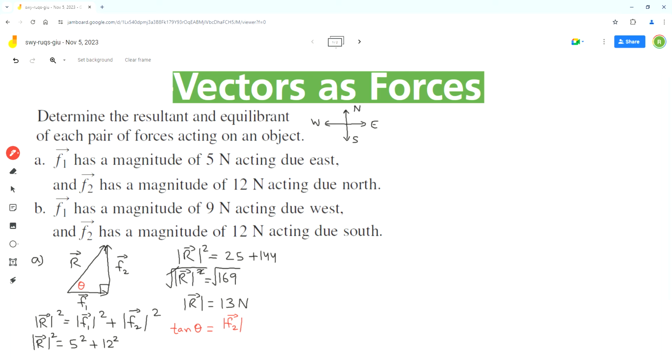So tan theta equals the magnitude of F2 over the magnitude of F1. Now we can do the inverse of tan. Now we can use a calculator to evaluate it, and I got 67.4 degrees.